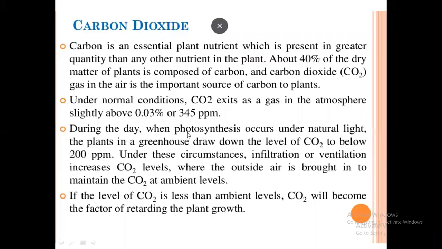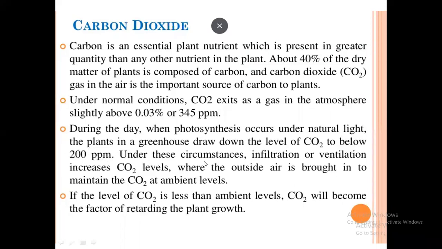During the daytime, when photosynthesis occurs under natural light, the plants in the greenhouse draw down the level of CO2 to below 200 ppm. That is, the concentration of CO2 in the greenhouse air goes down to 200 ppm.